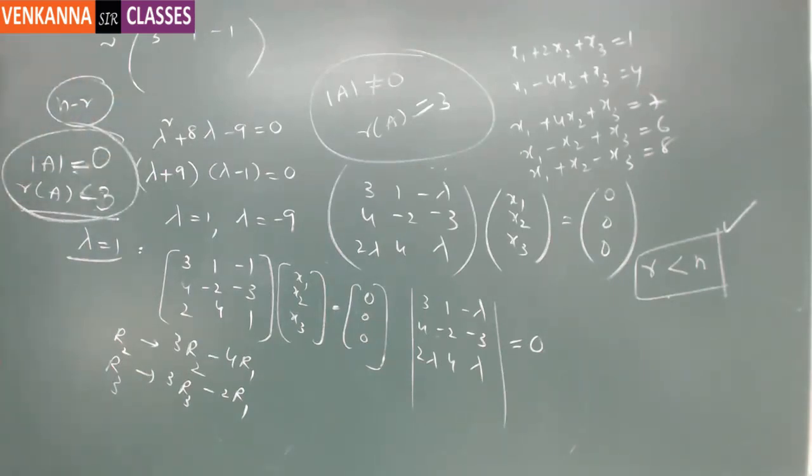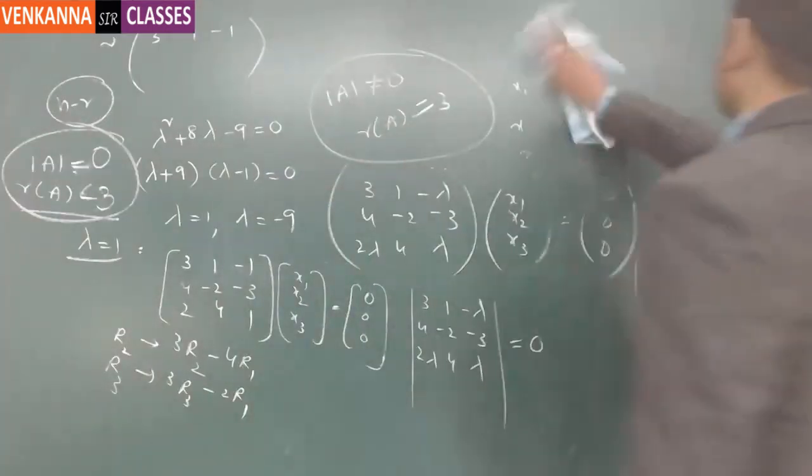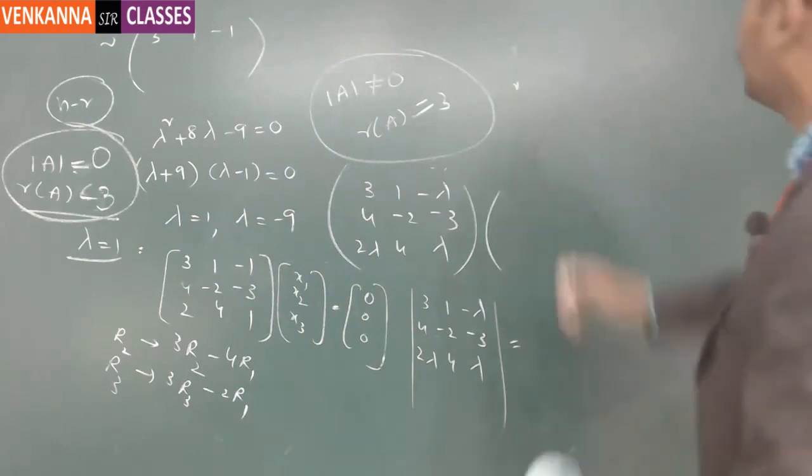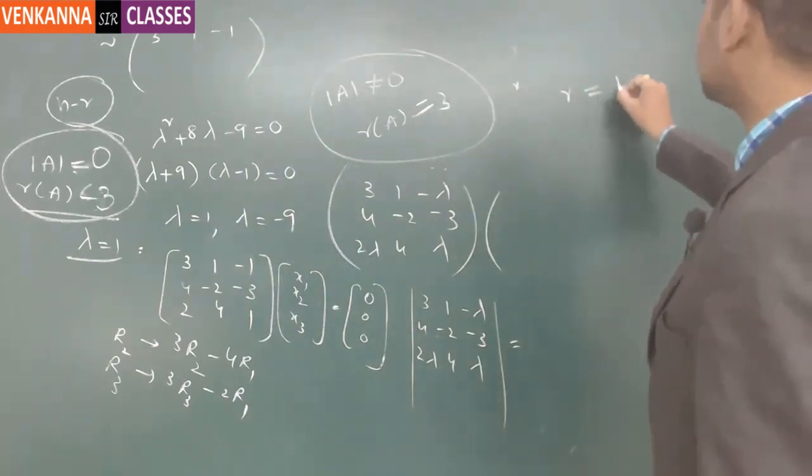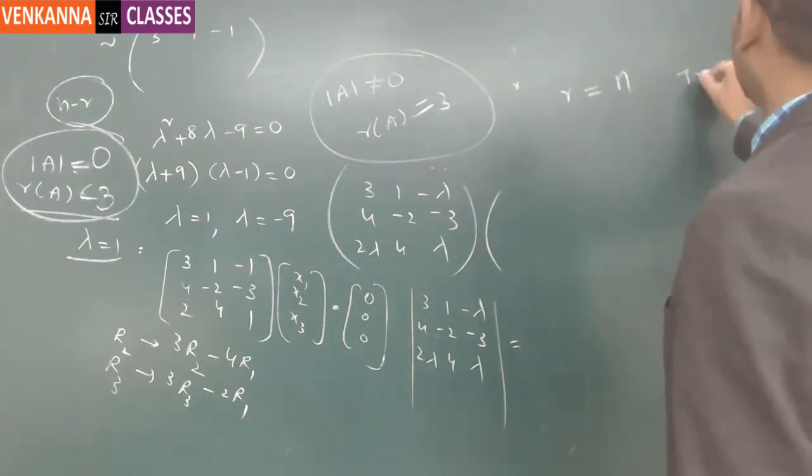This is applicable only for square matrices, not for the rectangular case. For the rectangular case, the only possibility is applying row operations, reducing it into echelon form, and checking the rank against the number of variables. The checking conditions would be like this: if rank is equal to n, trivial solution.